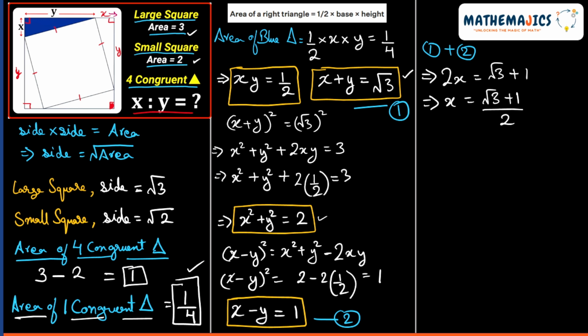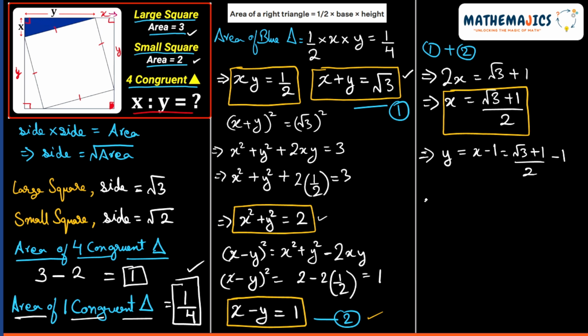Now we can substitute this value of x in one of the equations, either first or second. I substituted this in the second equation, and we will get y = x − 1, which is (√3 + 1)/2 − 1.